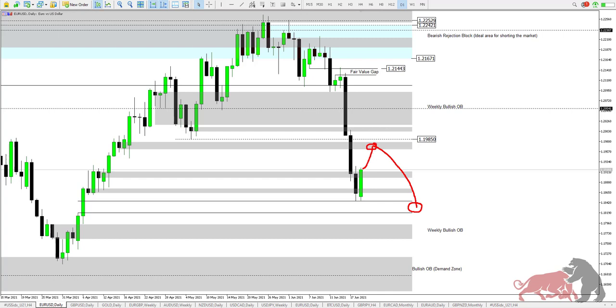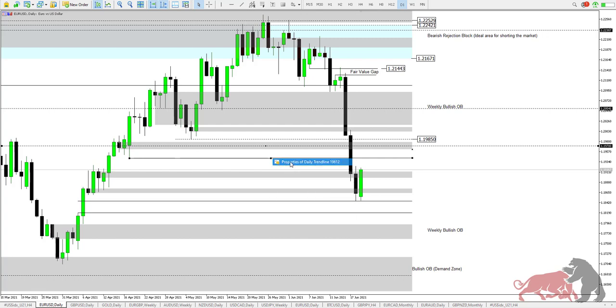Let's see the 50% mean threshold. Where is it coming in at? So you're looking at right around 1.19700, right? 1.19700 is going to be your optimum entry for short trades, but we cannot disregard this old low, right?